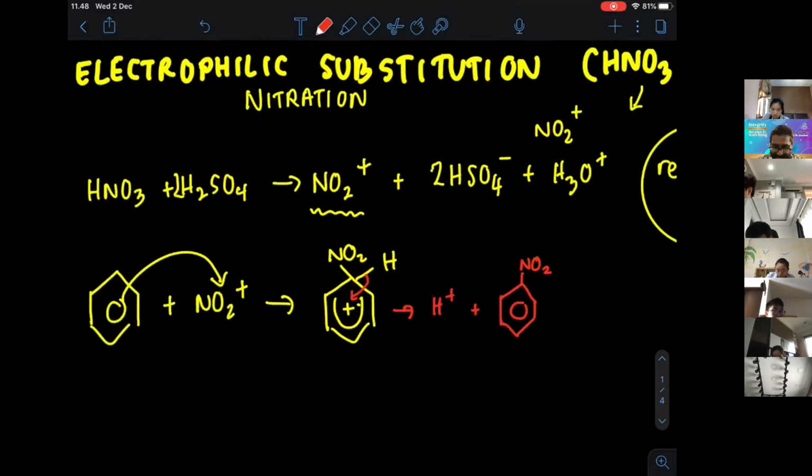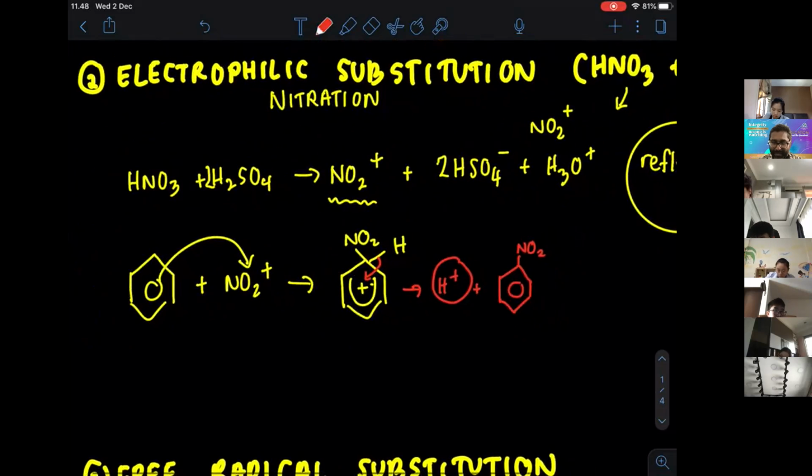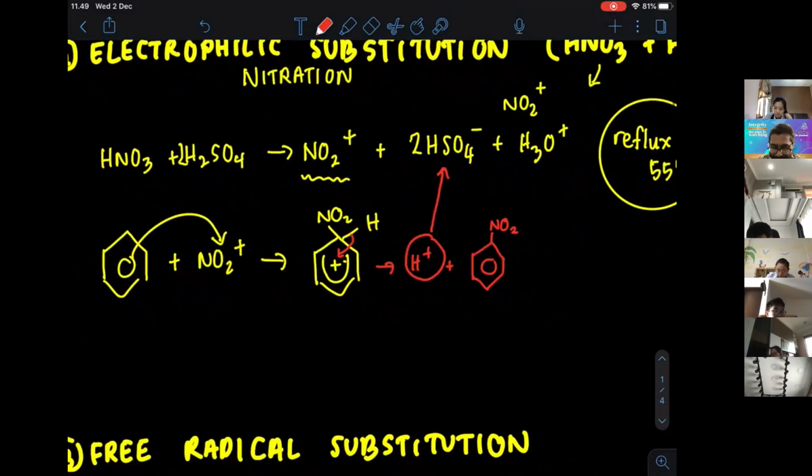And what's next? The H plus will react with the HSO4 minus. Do remember this is not a curly arrow, I'm just showing where they are going to produce the H2SO4 again. So the H2SO4 is being formed again.